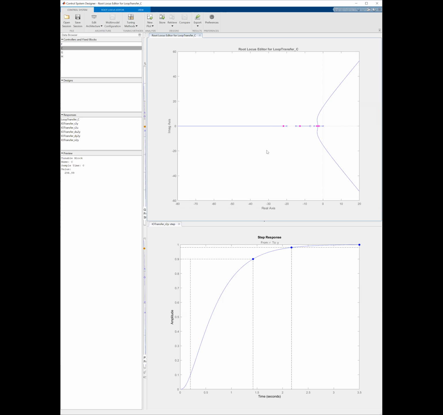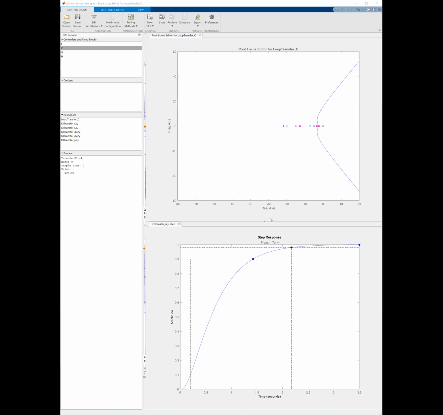Now what you can do is right click on the root locus editor, and once you right click, you will go to the design requirements. Right click: 1, 2, 3, 4, 5, 6. The sixth row is the design requirement.